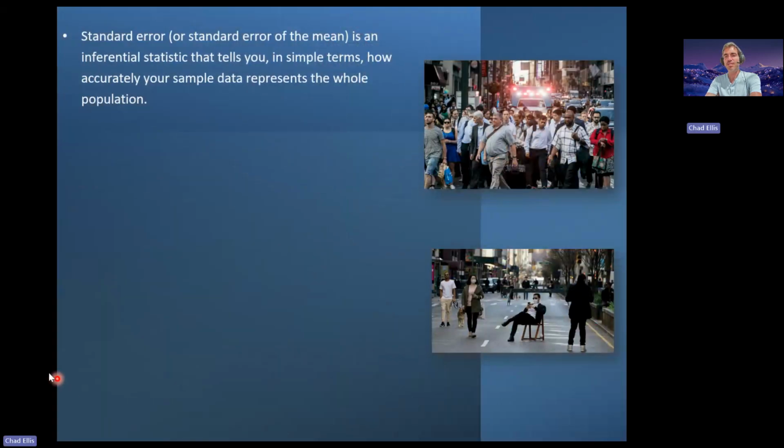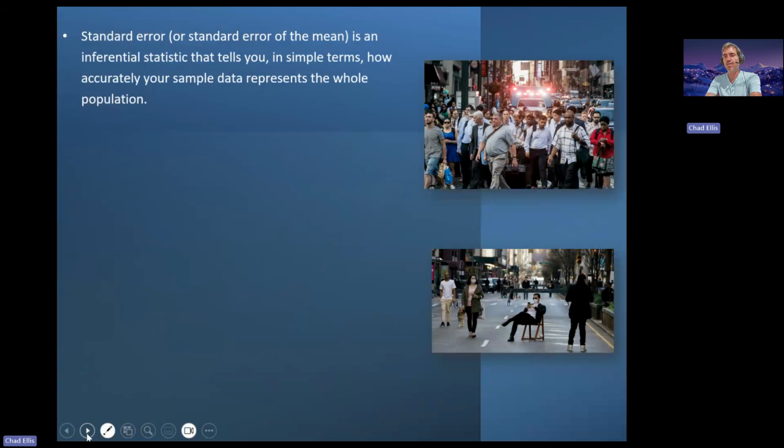You can also think about the standard error of the mean in this way. Imagine that you're trying to estimate some variable across a number of city blocks, say in New York. You go to different neighborhoods and measure income or whatever parameter you're trying to quantify.